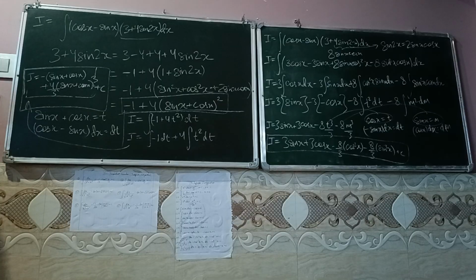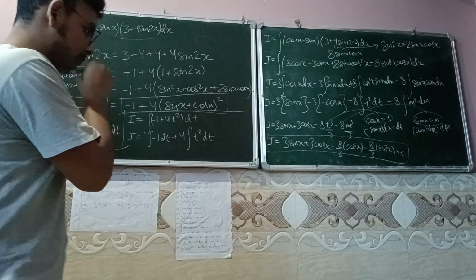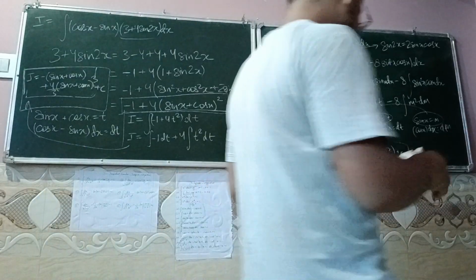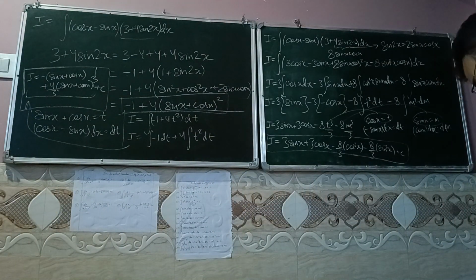And my answer is 3 sin x plus 3 cosine x minus 8 over 3 cos cube x minus 8 over 3 sin cube x.